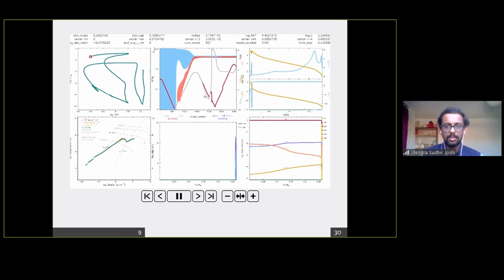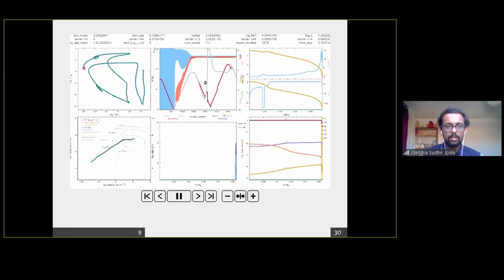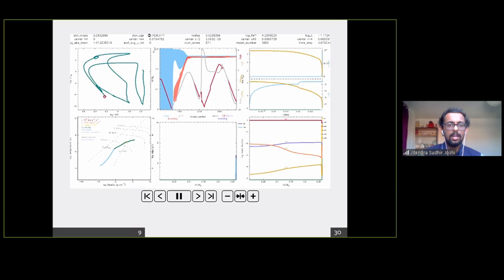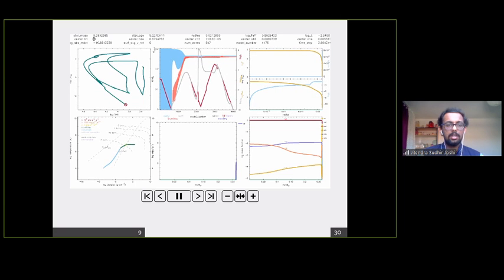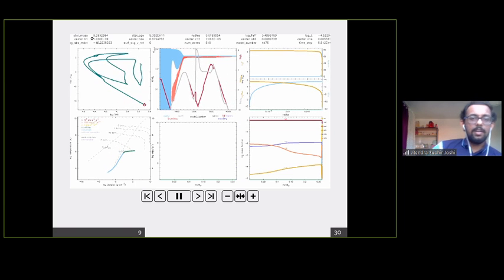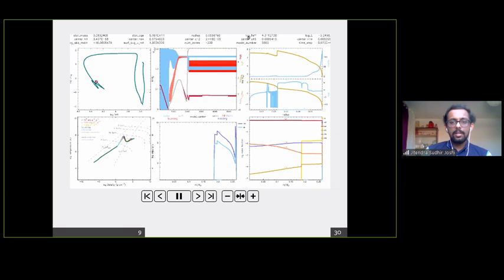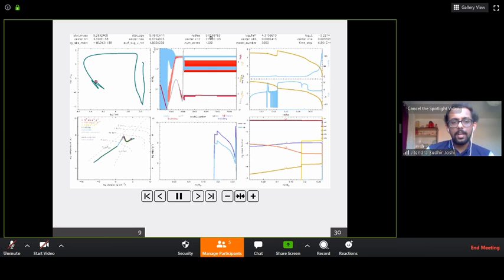So let's just run this through. You can see the age of the star here in years, and you can see that this low mass star has not lost much mass. And the radius, you can see, is very small at the very end.